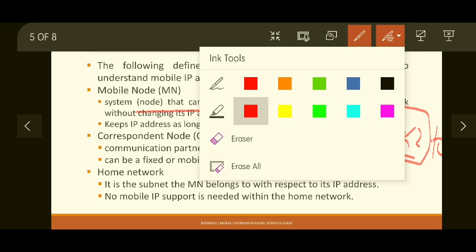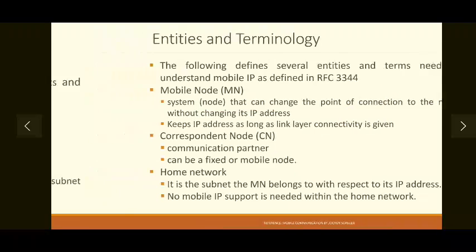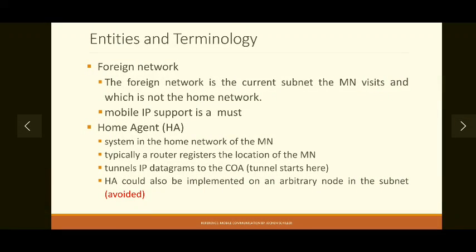Okay, the next term is the foreign network. The foreign network, as the name suggests, is when a mobile node changes its location and visits another subnet; the new subnet is called the foreign network. Its address will be different and it should not be the same as the home network.